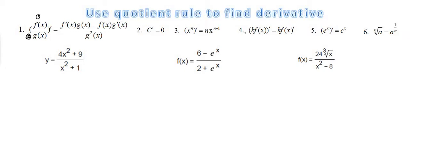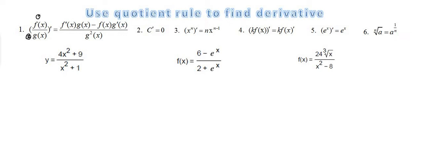The fourth rule is the constant multiple rule: (k times f(x)) prime equals k times f'(x). The fifth rule is the derivative of e to the power x equals itself, and the sixth rule is about exponents: the nth root of a equals a to the power 1 over n.